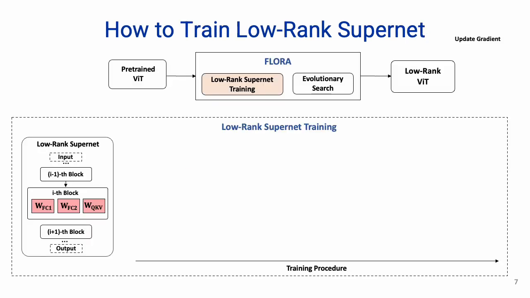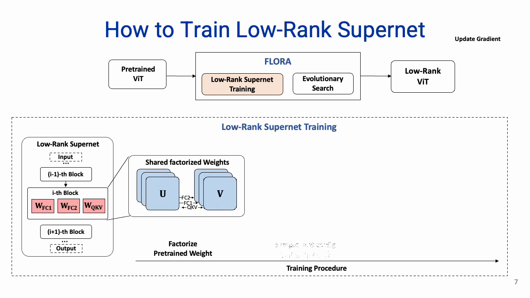Knowing the way to build the low-rank supernet, we now introduce how to train it. Initially, we begin by factorizing the pre-trained weight. Then, in each training iteration or mini-batch, we sample a rank configuration, which contains the rank level for each target. With a sampled rank configuration, we can generate the corresponding low-rank architecture via the weight inheritance technique that we have just introduced.